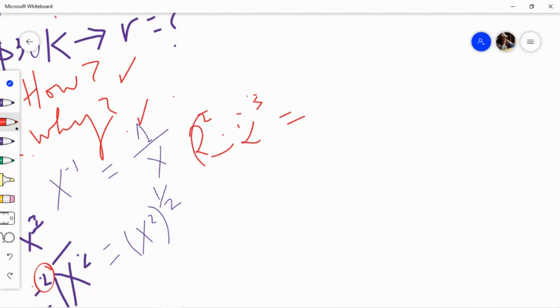We already know 2 squared and 2 cubed. This is 4, and this is 8, so 32.